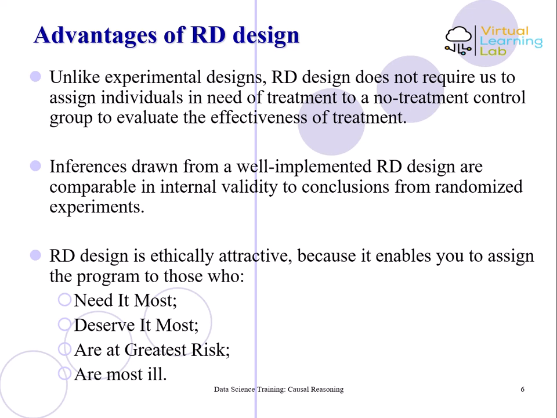So the regression discontinuity design has several practical advantages. One is that if a researcher is offering an intervention, the researcher can offer the intervention to individuals that need it the most, versus the experimental design where the control group and the treatment group will both have similar proportions of individuals that really need the treatment and that don't need the treatment as much, right?